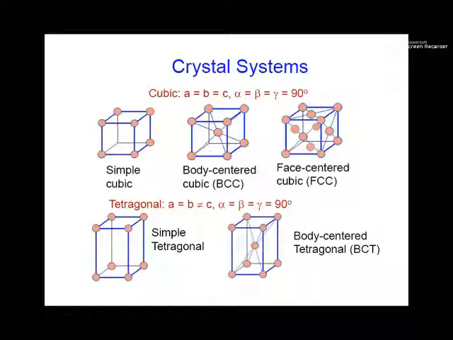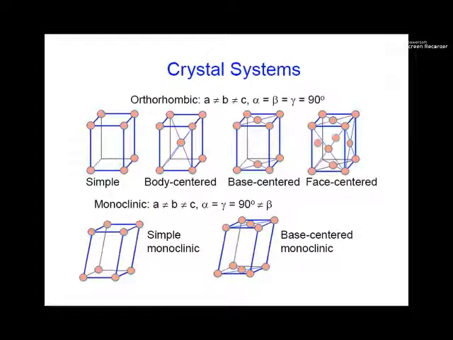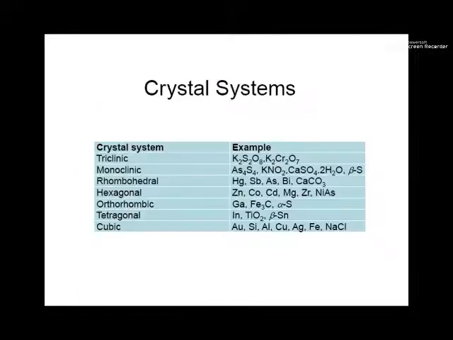So these are the 14 types of Bravais lattice: simple cubic, body centered cubic, face centered cubic, obviously simple tetragonal, body centered tetragonal. There is rhombohedral, hexagonal, and triclinic, and obviously simple orthorhombic, body centered orthorhombic, base centered orthorhombic, face centered orthorhombic, and obviously monoclinic and base centered monoclinic.